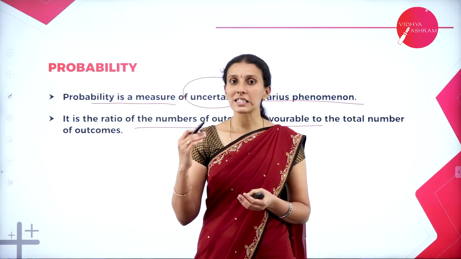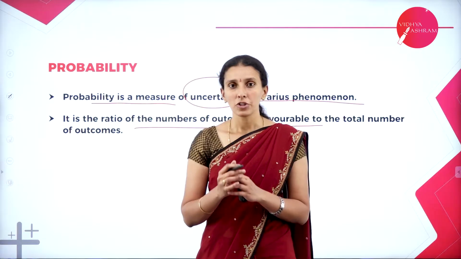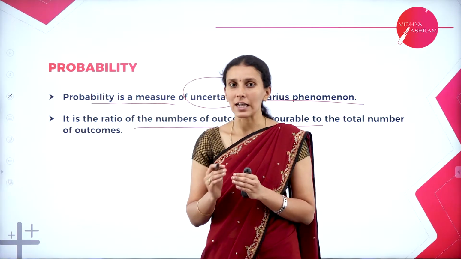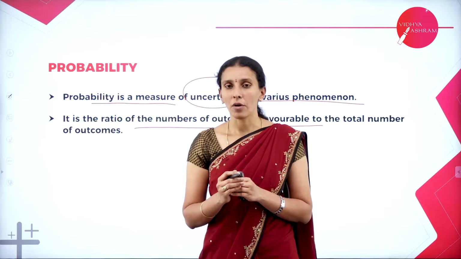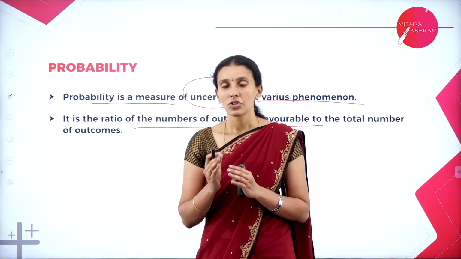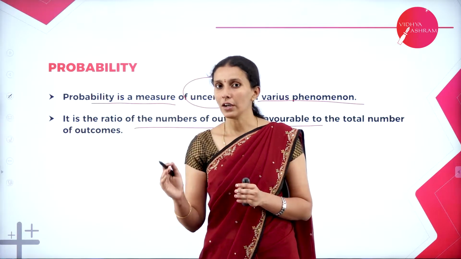So what is the probability of getting only an even number? You have only 3 chances out of 6 chances. That's why you write it as 3 by 6, which is exactly half chance to get an even number. Similarly, half chance to get an odd number.